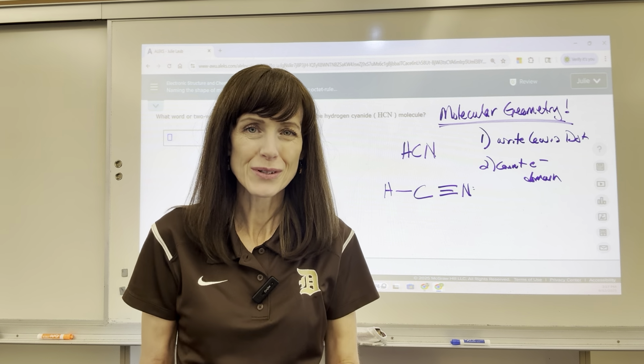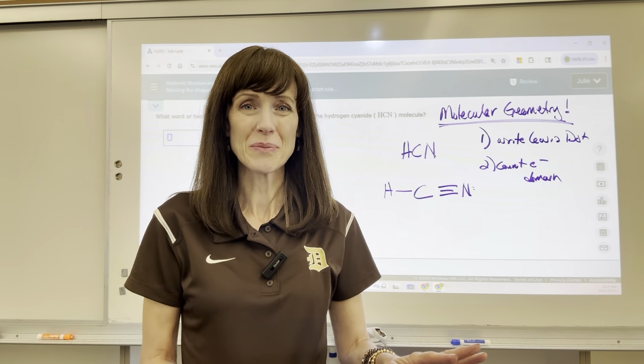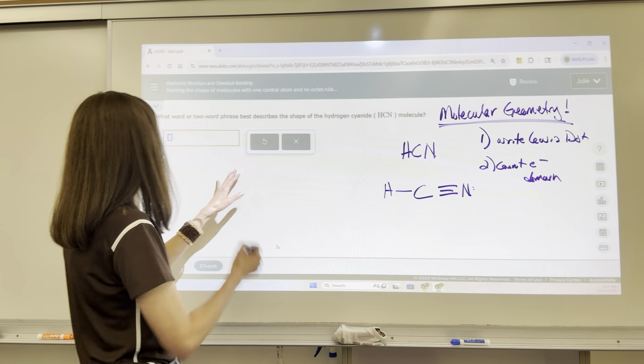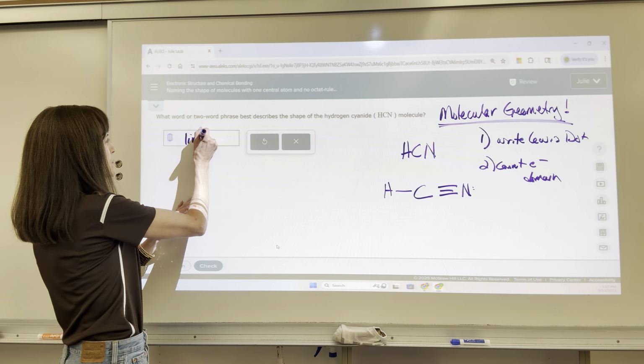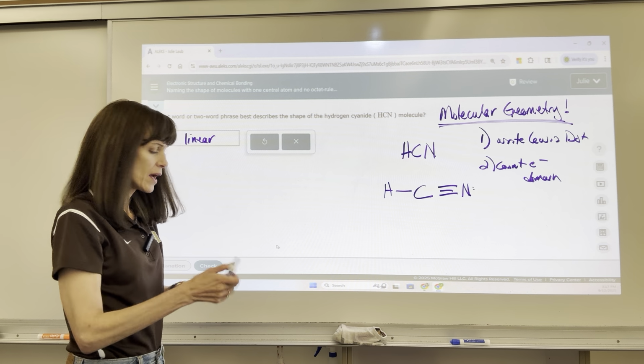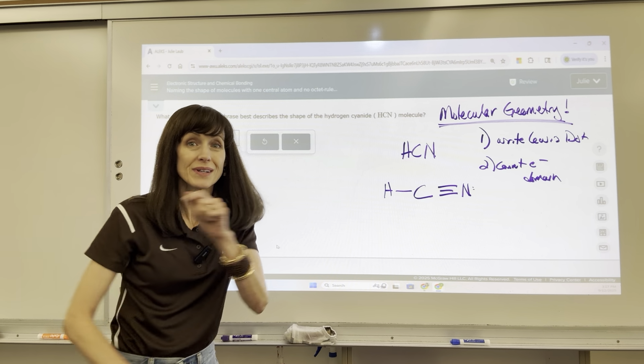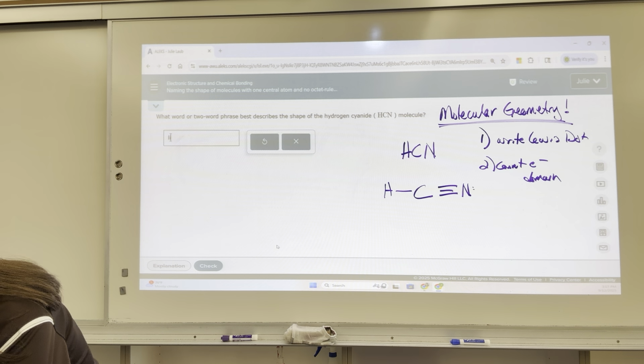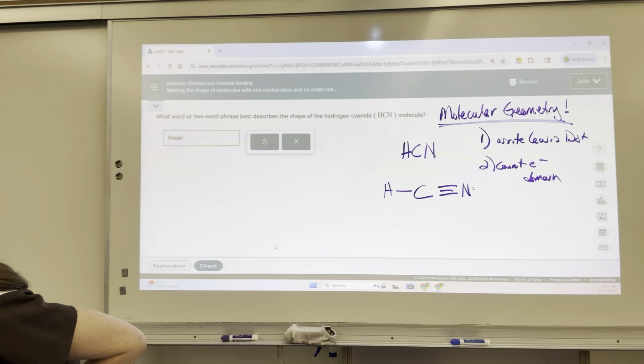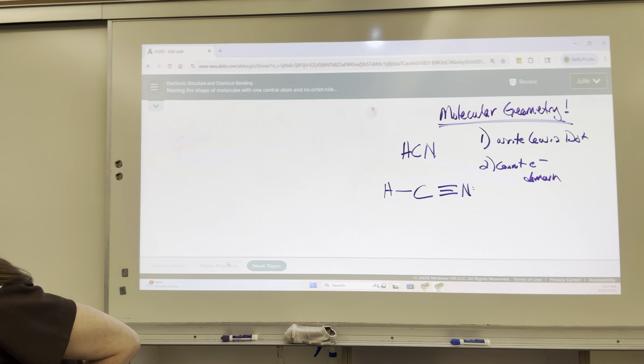Now when you have 2 electron domains, no lone pairs, the molecular geometry is linear. Let's type this out actually, and we'll do another one together, okay? So linear. Check that. Always love it when we get the green correct. Woohoo.